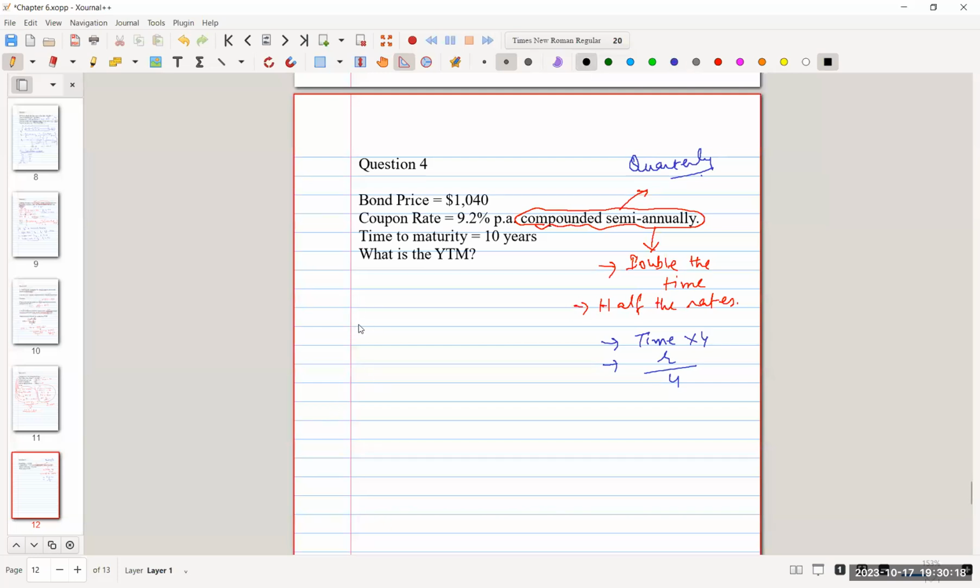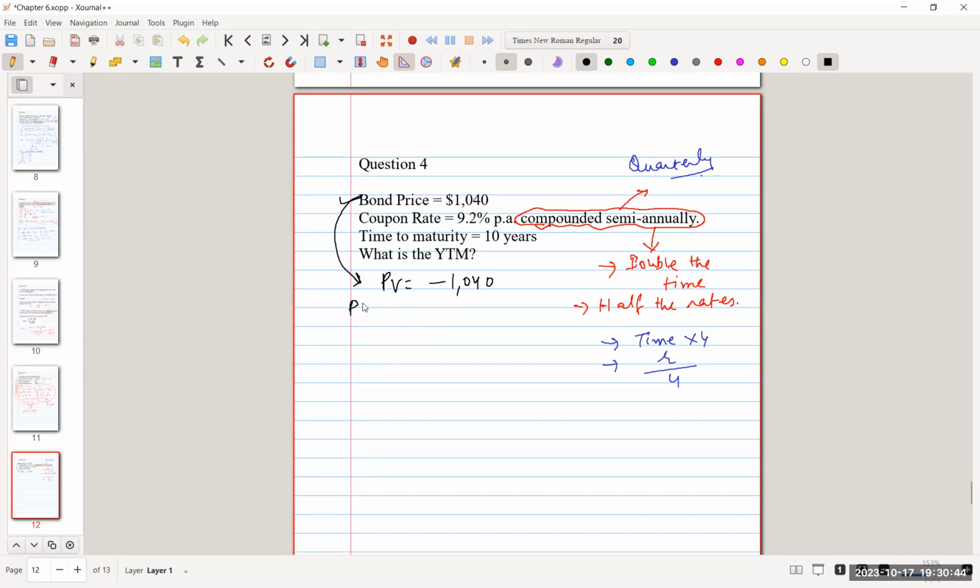Let's just use the calculator inputs for this. We have the bond price. This is your present value, because I'm assuming the stance of somebody who's buying the bond. So this money leaves me today, so it goes into my calculator as a negative item. Coupon rate is 9.2% compounded semi-annually.